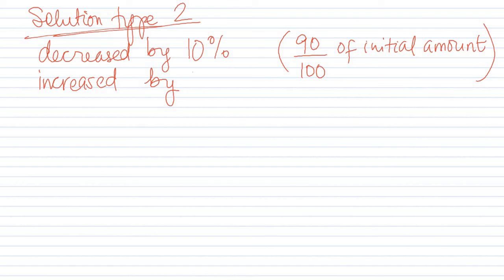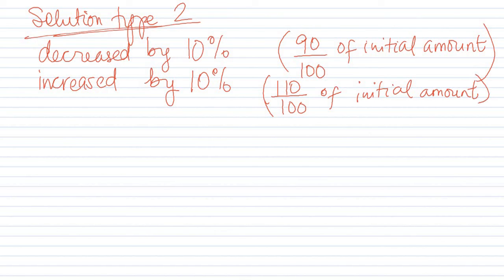If you hear something is increased by 10%, guess what? You're going to do 110 over 100 of the initial amount, or 1.1 of the initial amount. So that is just what it is. So you can already guess what this is, right?